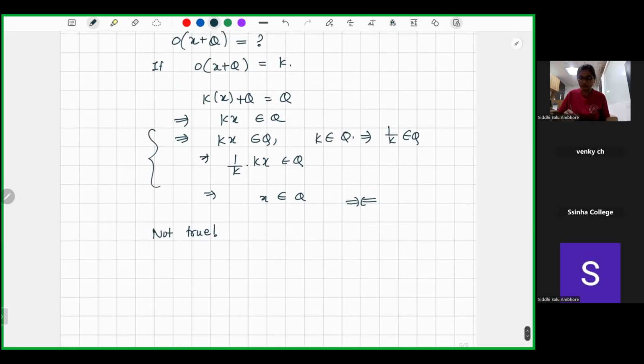So therefore no non-identity element in G quotient Q has finite order.